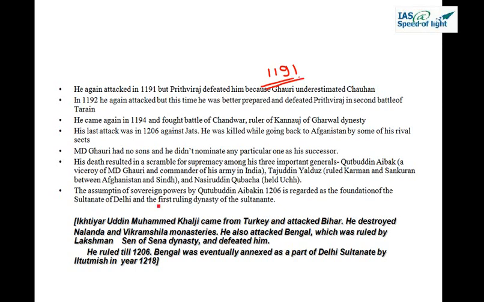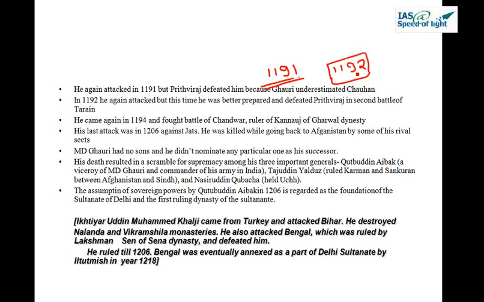Right, now we come to the turning point in the history of India, and that is 1192. Some years really become important in history, like 1192, the second Battle of Tarain, 1526, the first Battle of Panipat, and the second Battle of Panipat between Akbar and Hemu.